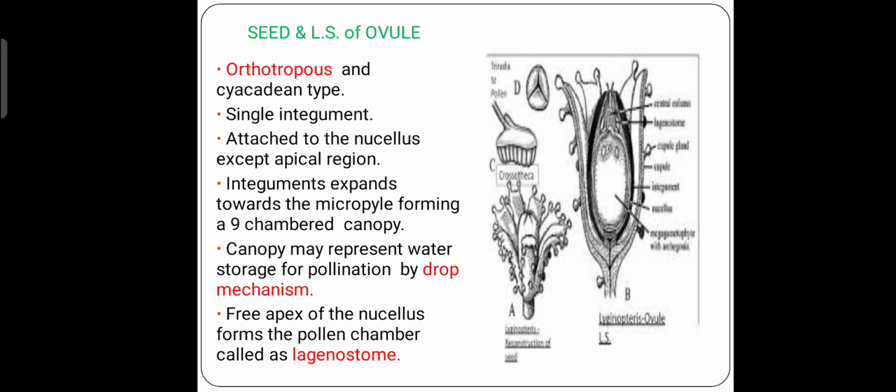A canopy may represent water storage for pollination by the drop mechanism. It means it shows the kind of strategy which they have obtained for carrying out the drop mechanism. The free apex of the nucellus forms the pollen chamber, and this chamber is known as Lagenostome.